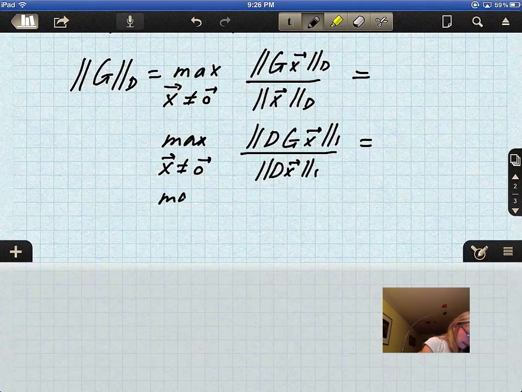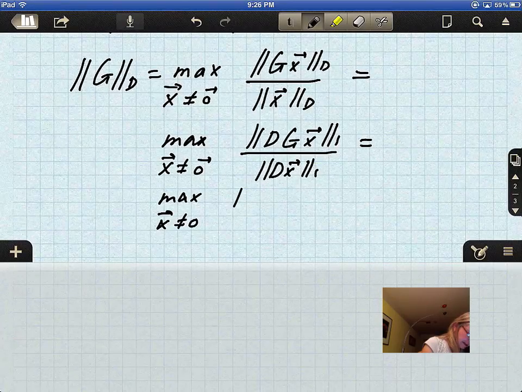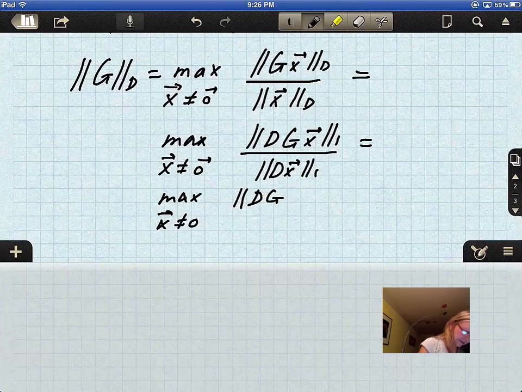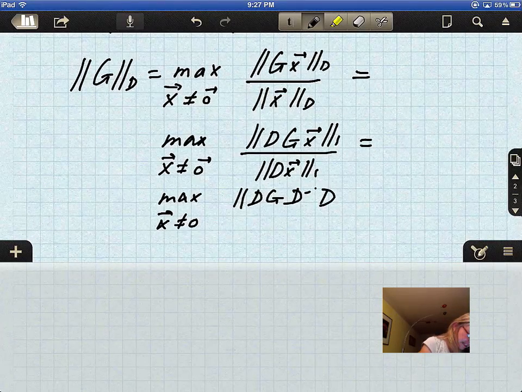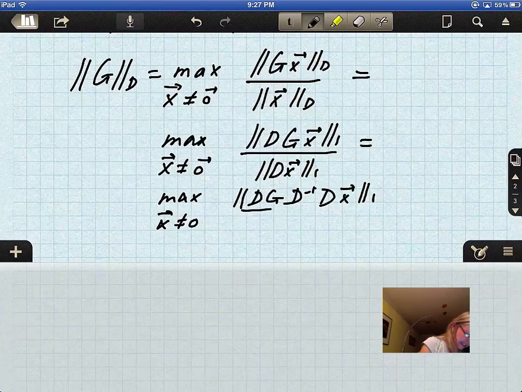That is the max over x not equal to 0. And now we look at D G as before, but now we put in there an identity, D inverse times D, x, one norm, divided by D x.